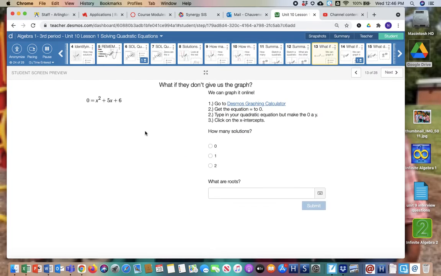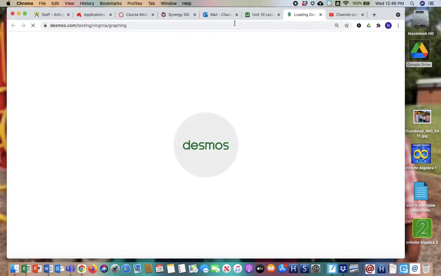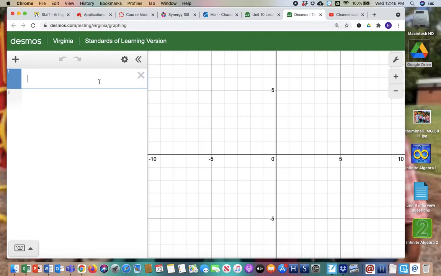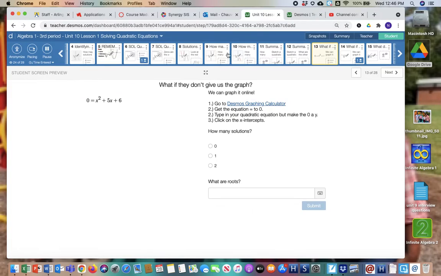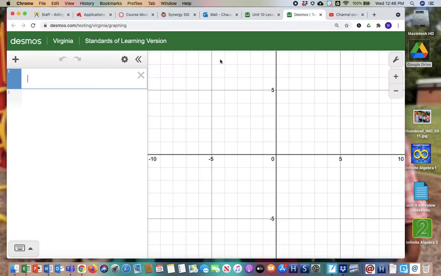All right, so what if you don't have the graph? So it says, hey, here's this equation. What are the roots, solutions, zeros, right? Well, then let's graph it. So open your Desmos graphing calculator, and then we just want to type in what we see. Now, it needs to be set equal to 0. In this case, it is. Next screen, we'll see where it isn't. So I see x squared plus 5x plus 6, and I'm just going to type that in.